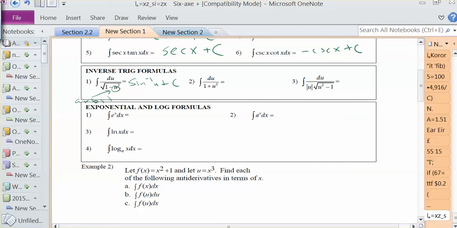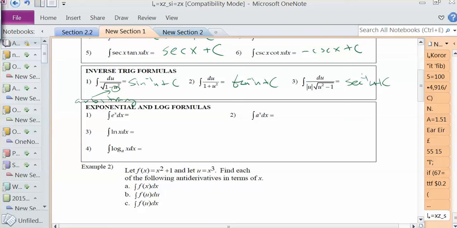The letter here is always arbitrary, but it would be inverse sine of u plus c. This one will be inverse tan of u plus c. And of course, this one's inverse secant of u plus c. And of course, if you add negatives in the next ones, then you get their complements like cosine, cotangent, or cosecant.